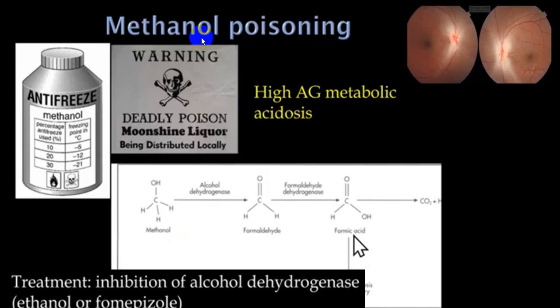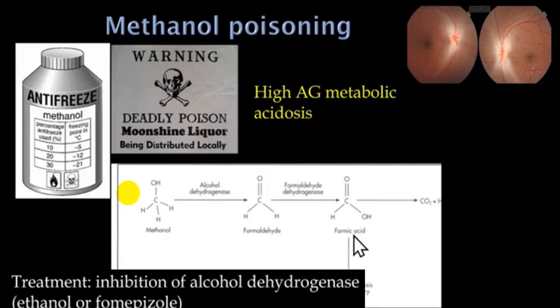There is another group we call methanol poisoning, and this is very commonly because of consumption of a preparation which contains a large quantity of methanol. Particularly in India we call it desi daru, or alcohol which is prepared usually in villages, where it contains a large quantity of methanol.